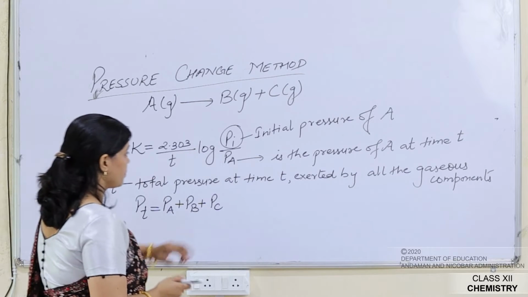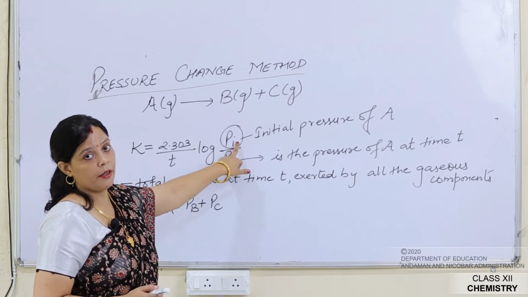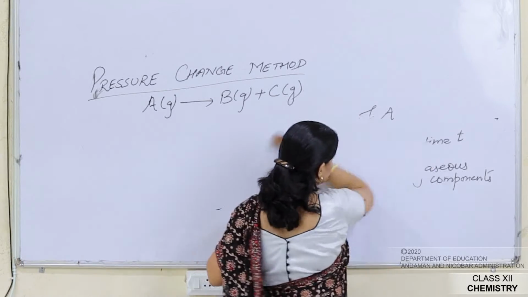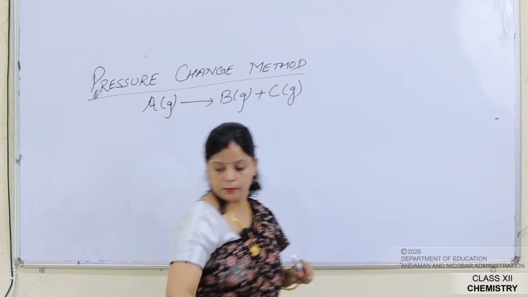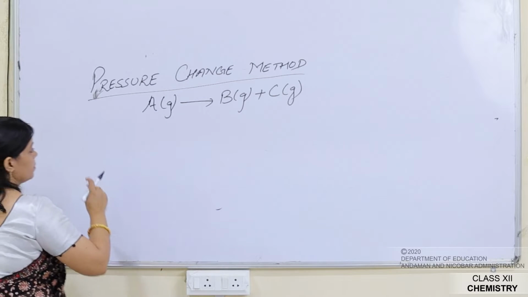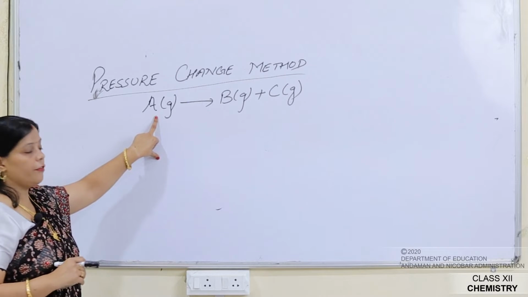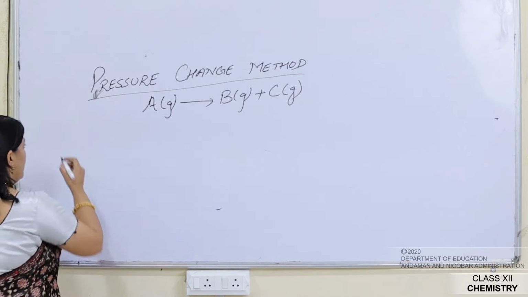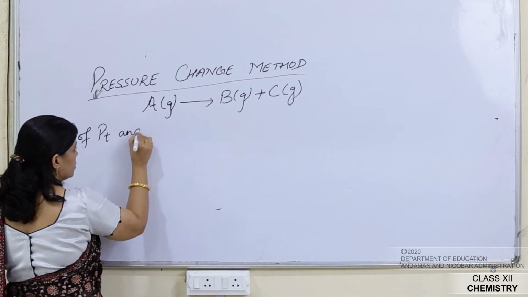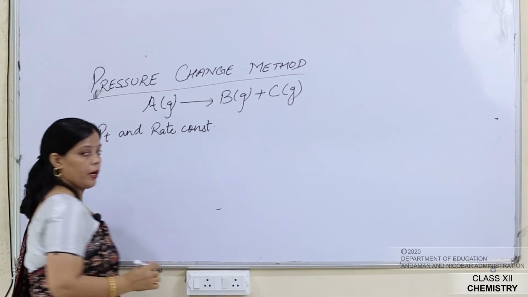Now I am going to calculate the value of Pt and the rate constant, the calculation of total pressure and rate constant for a gaseous first order reaction.